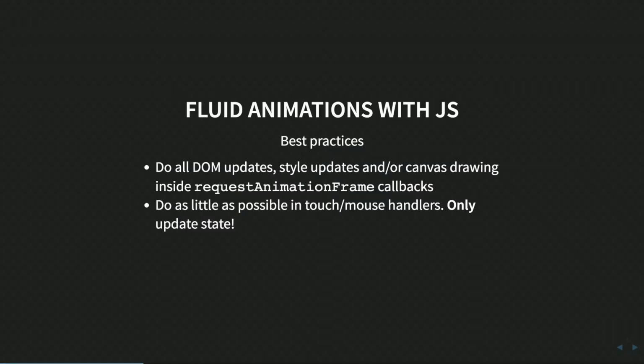So the best practice for doing fluid animations with JavaScript is to do all DOM updates and style updates, or drawing on canvases, everything that adds something visual, inside the callback from requestAnimationFrame. Outside of requestAnimationFrame, you do as little as possible. So in mouse or touch event handlers, you basically do nothing.